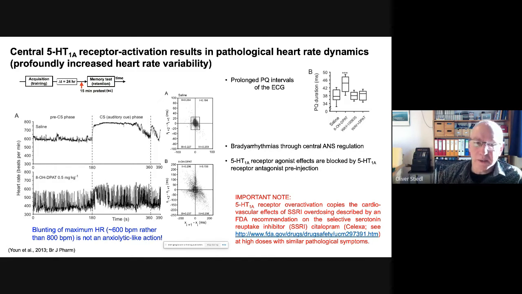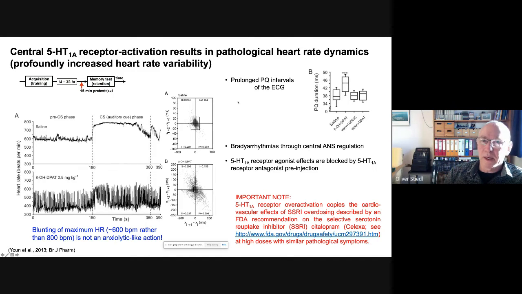Now the dilemma is, many people, or the scientific community, clearly express that decreased heart rate variability is bad and increased heart rate variability is good. And what I can clearly say is that what we measure here with all its symptoms is mimicking the side effects of selective serotonin reuptake inhibitors like citalopram, where a warning came out that this can result in cardiovascular side effects.